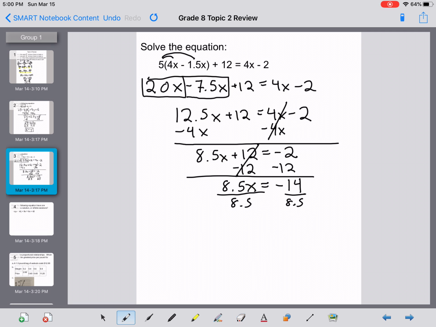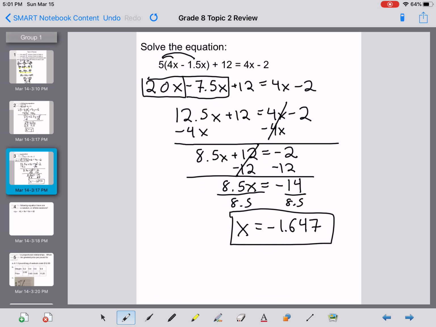Negative 14 divided by 8.5 gives me negative 1.647. There are other numbers after that decimal, but I'm just going to round it and leave it as that. So x equals negative 1.647.